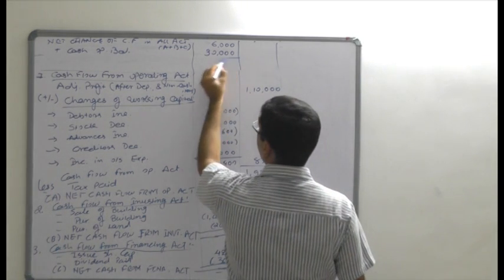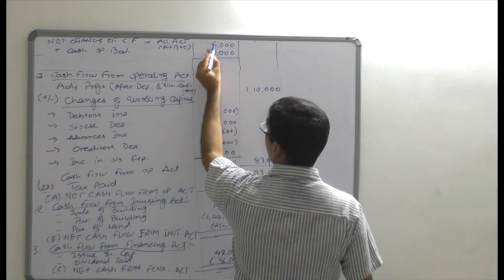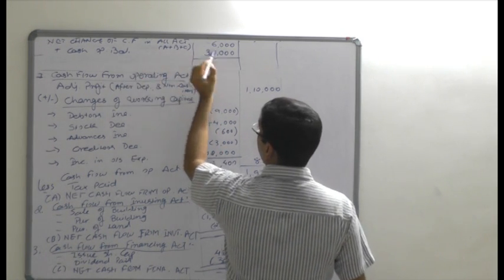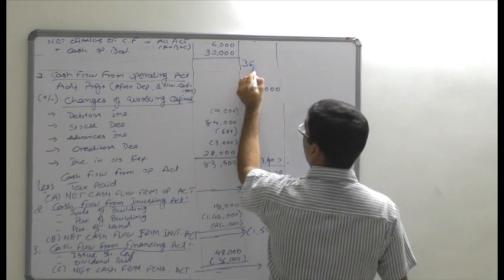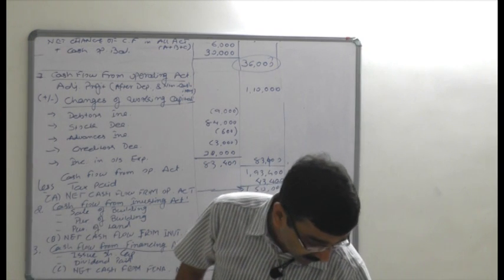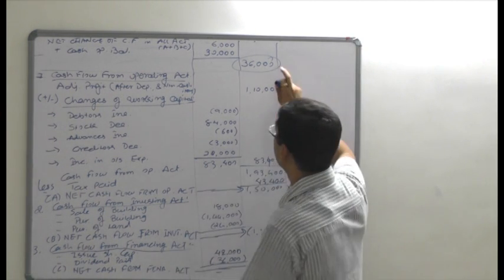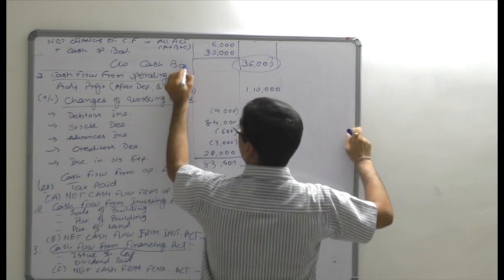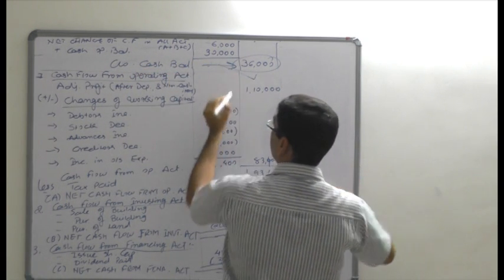So after the 6,000 rupees of net changes of cash flow in all activities is added to the opening cash balance of 30,000, your closing balance should be 36,000 rupees. Check it in the balance sheet asset side. Your closing cash balance is 36,000 rupees, so your answer is tallied.